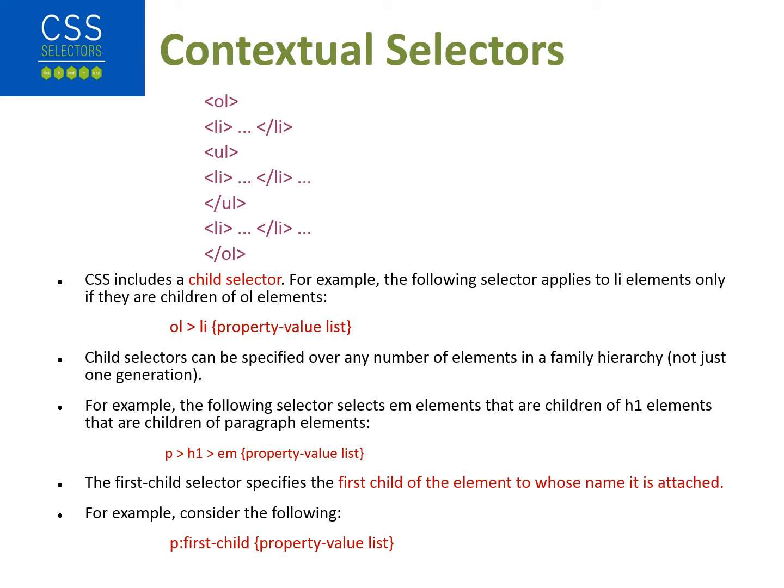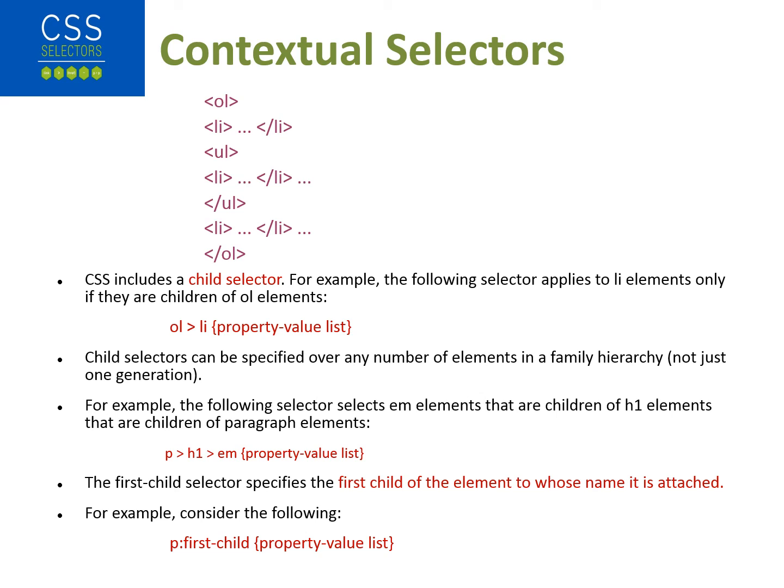The second LI is actually the child of UL, so this property value list cannot be applied here. The third LI is a child of OL. So for the first and third LI, this property value list will be applicable. The second one is the child of the unordered list, so it cannot be applied.